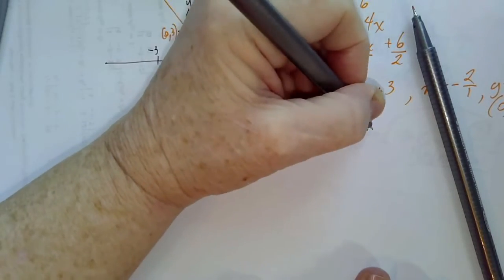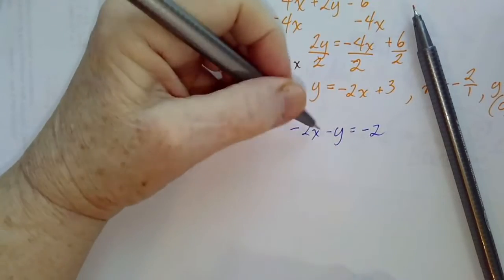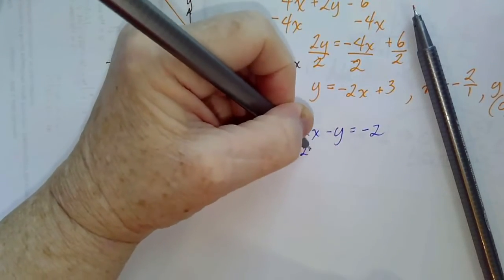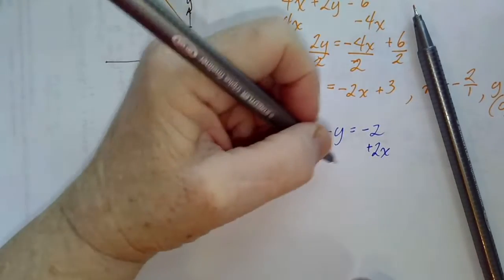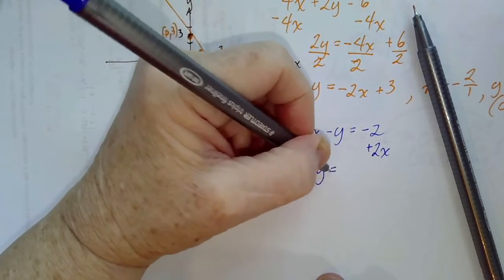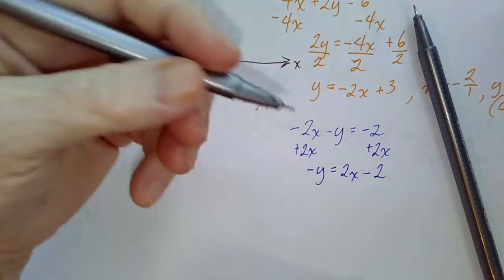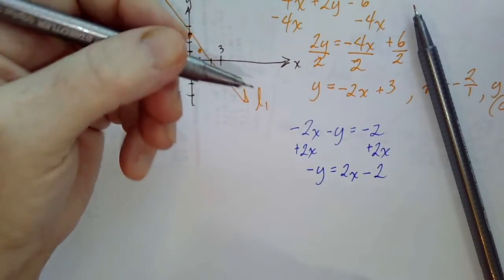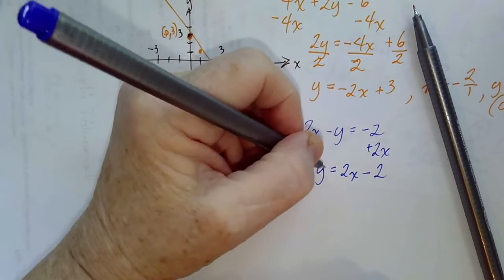Negative 2x minus y equals negative 2. So let's move this negative 2x to the right by adding it to both sides. That leaves us with negative y equals positive 2x minus 2. And now we need to multiply by negative 1, which is really the same as dividing by negative 1.